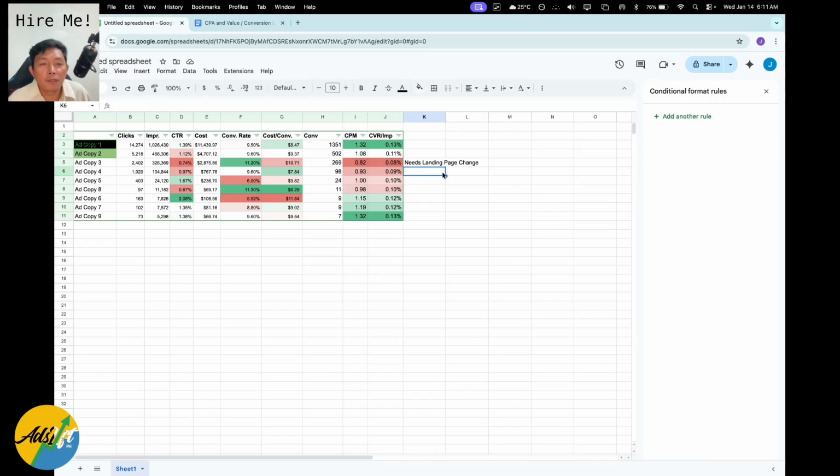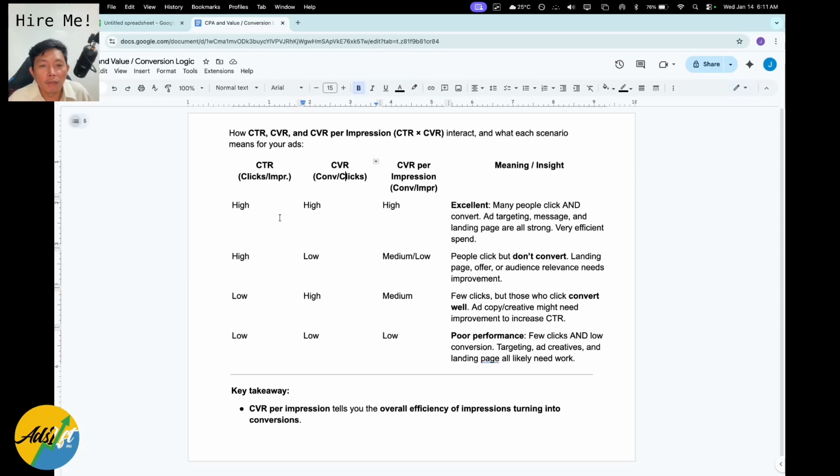So probably here it shows low CTR, high conversion rate, so medium, so fewer clicks, but those who click convert well. So we might need to change the ad copy and improve the CTR.